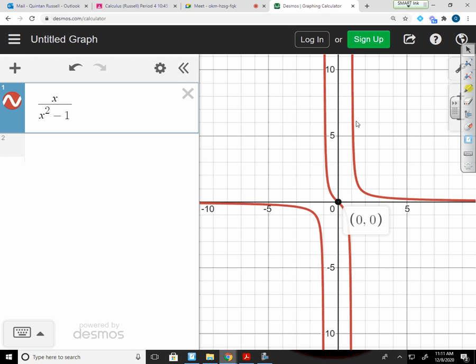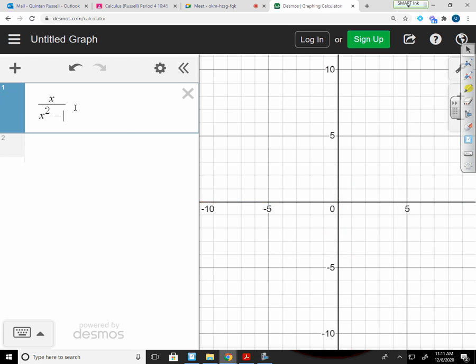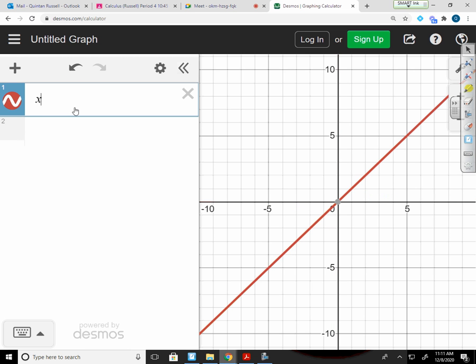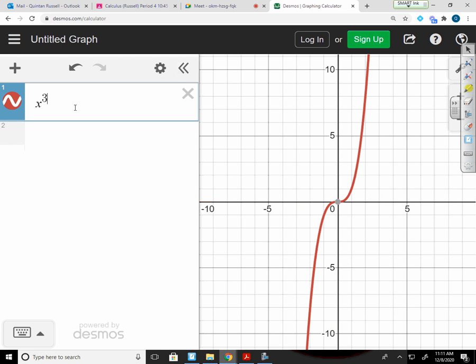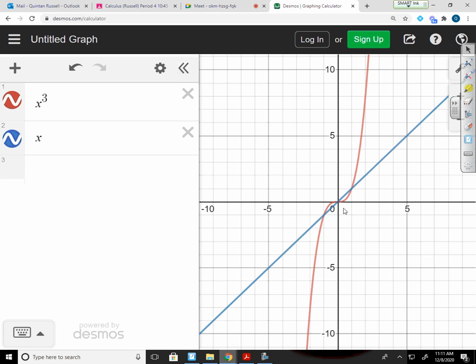This is a hard one to even recognize, but if I do x to the third, see how if I flip this side across the origin, or across the line y equals x, if I flip this down this direction, it's going to make that be exactly the same.